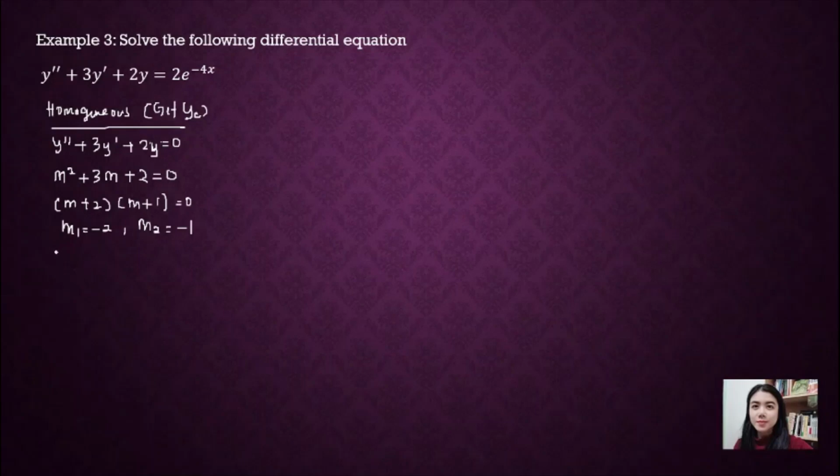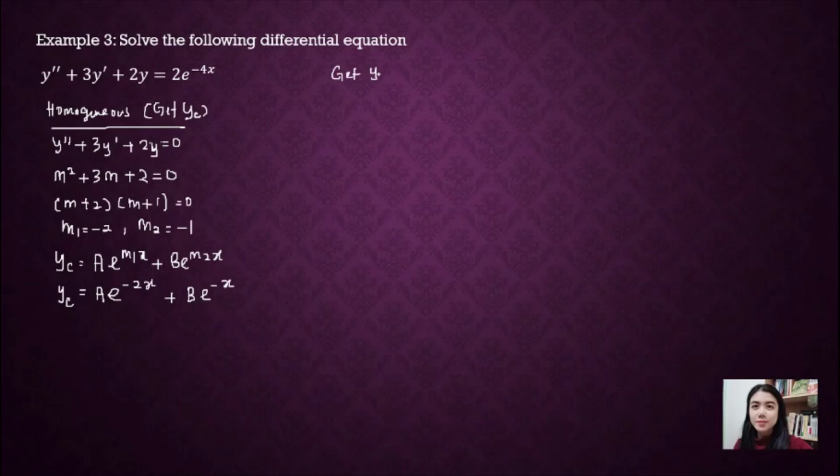So then you're going to have your yc in the form of a e^(m1 x) plus b e^(m2 x). Let's substitute. So you will have your yc as a e^(negative 2x) plus b e^(negative x). This is your yc. Now let's figure out our yp.